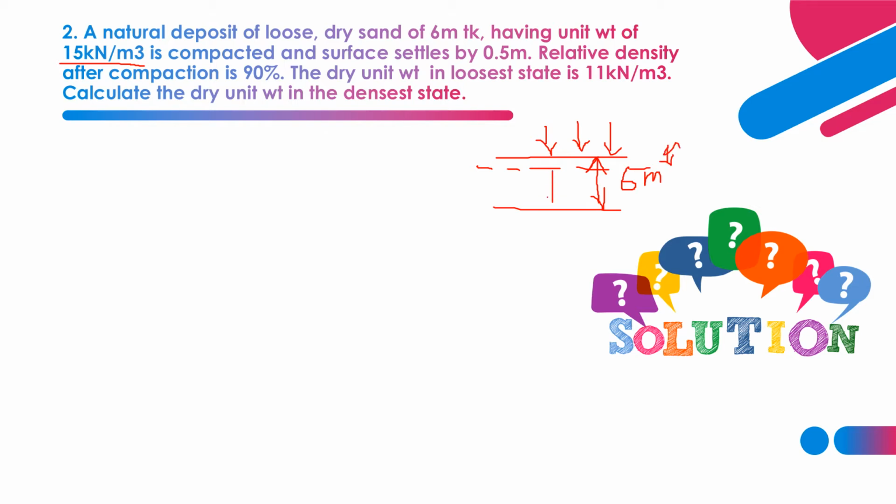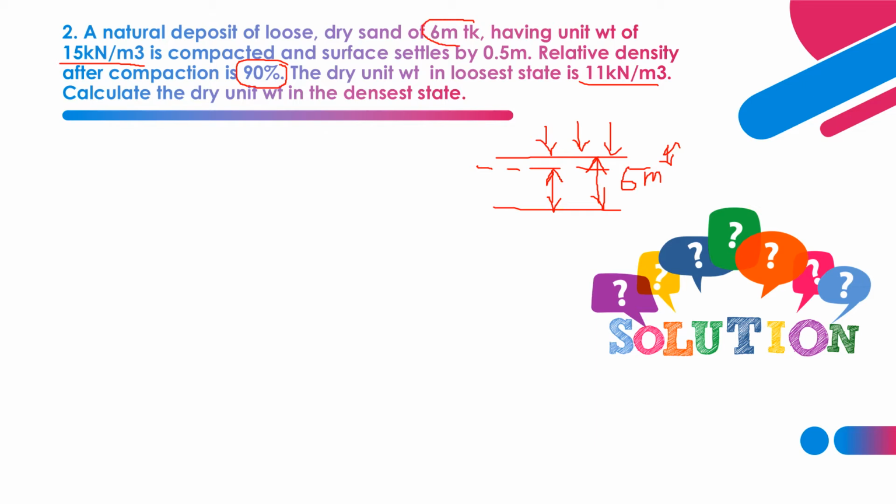So now the surface becomes like this. 0.5 meter gets settled due to compaction. Relative density after the compaction is 90%, and dry unit weight in loosest state is 11 kilonewton per meter cube. Calculate the dry unit weight in the densest state. So what are the given data?